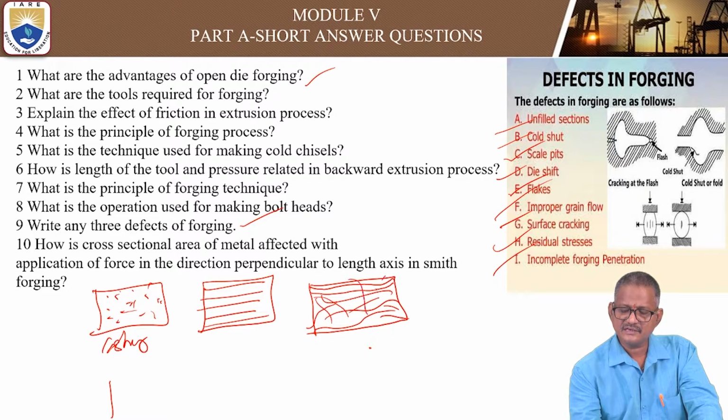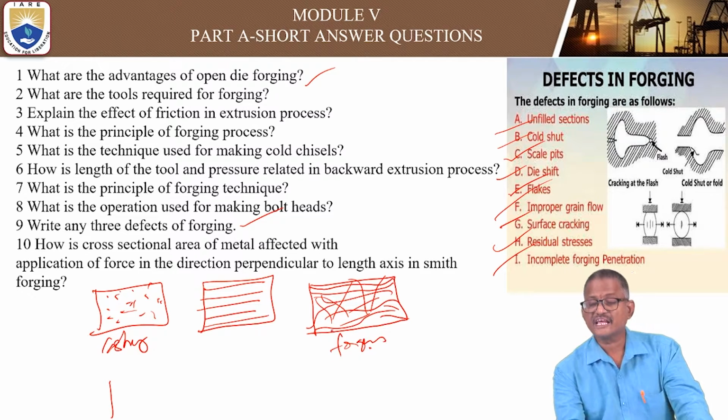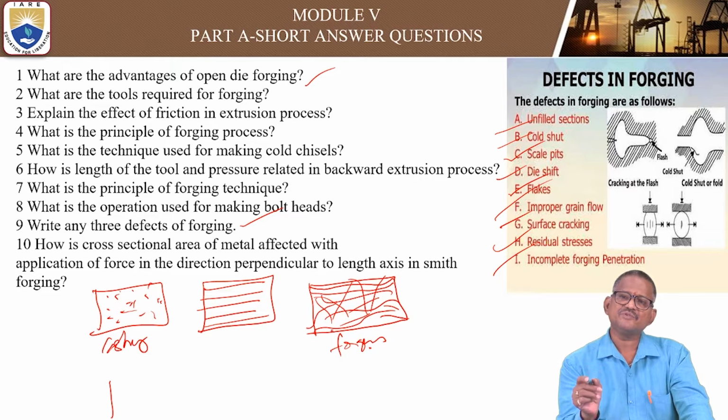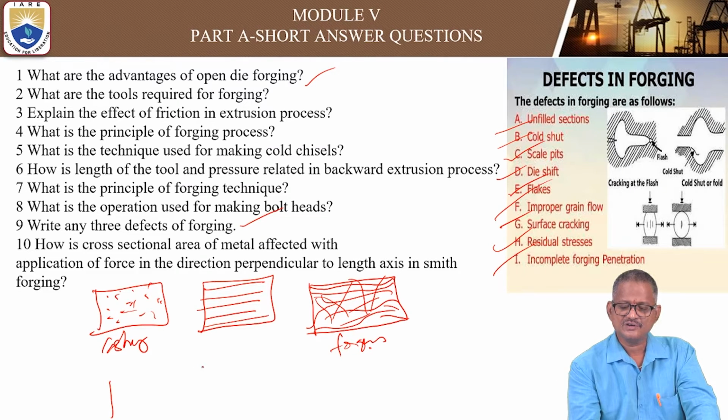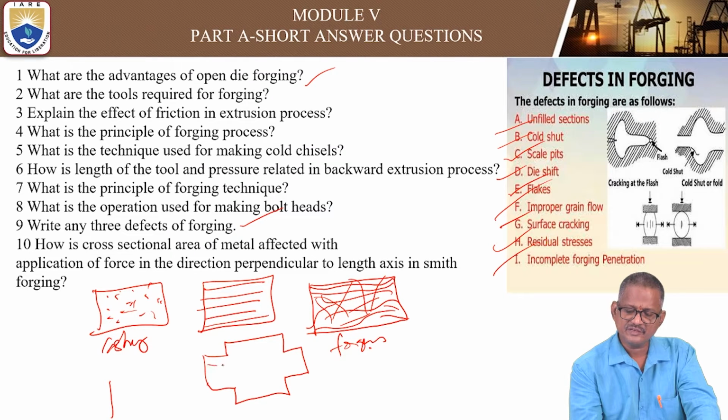So this is called forging. In forging, the grain flow should be effectively achieved. Even the corner shape can give good performance. That is why these types of weldings can be performed. In this case, it will go like this.